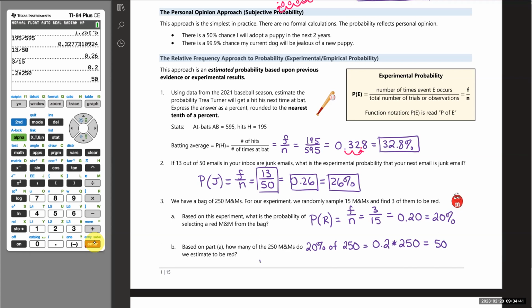So I'm just going to write here, I estimate that 50 out of those 250 are red. So as we move forward in the semester, this is what we spend a lot of time on. We use known sample data to predict what we think is true of a whole population, in this case, the whole population of envelopes.